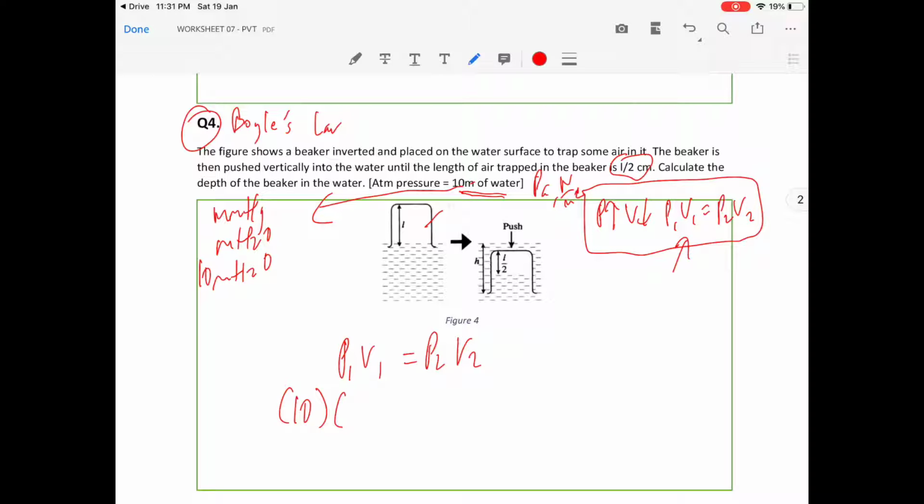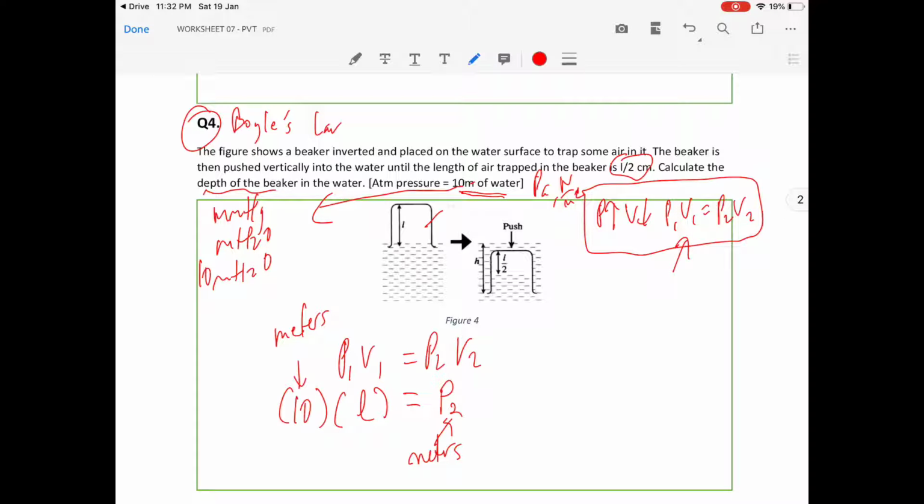V1 is just L. And P2 is what we're trying to find. Since 10 is in meters, P2 will be in meters as well. Some of you might be wondering, the question doesn't ask us to find the pressure, it wants us to calculate the depth of the beaker.